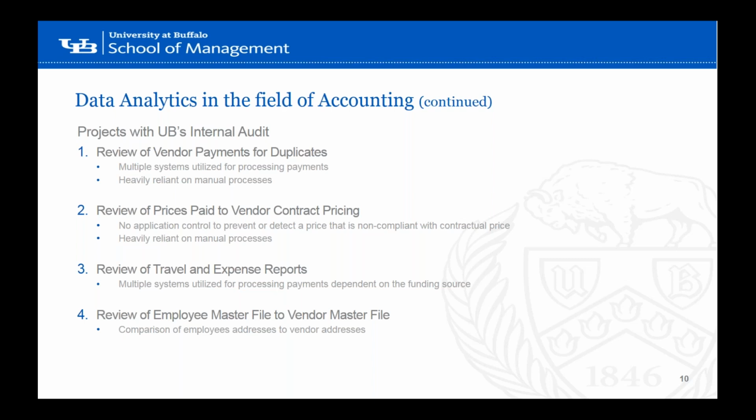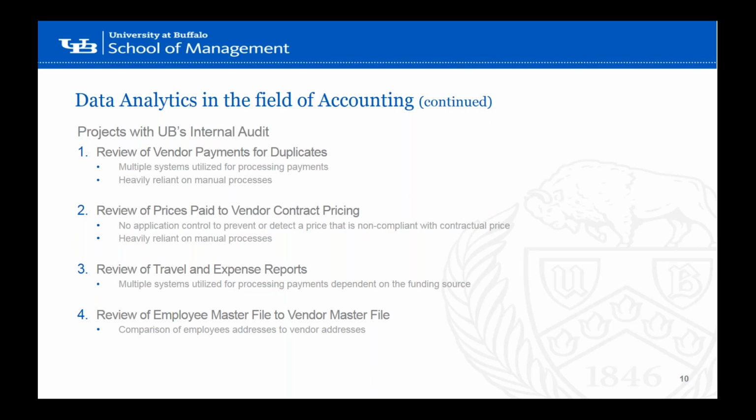The second project looks at prices paid to vendor contract. As part of the SUNY system, we have a decent amount of contract prices with our various vendors. We go through the RFP process, which is formalized, and every SUNY school follows the same contract.